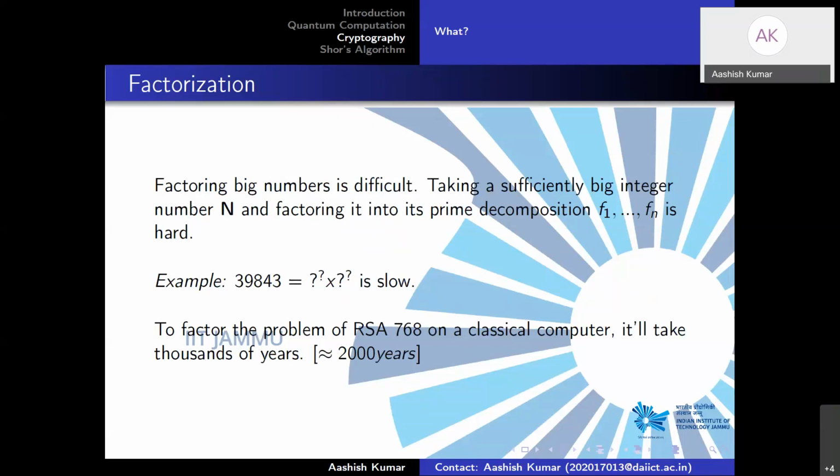To get a gist of that, we can compare this with RSA 768. If you want to factor that 768-bit number, it will take a classical computer approximately 2000 years to solve.